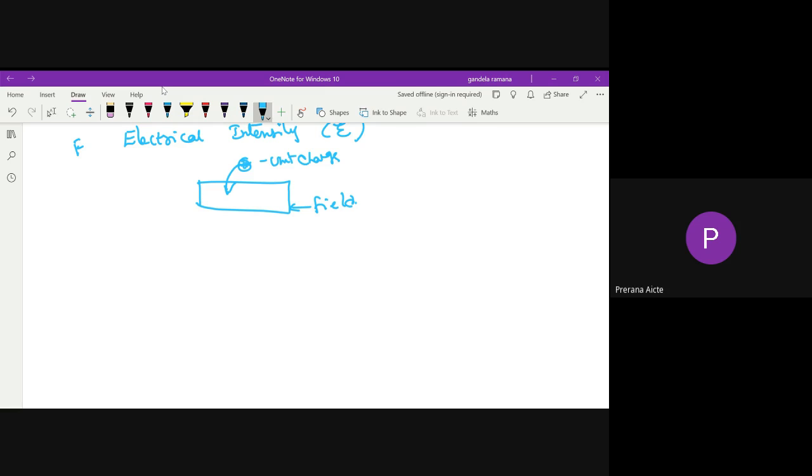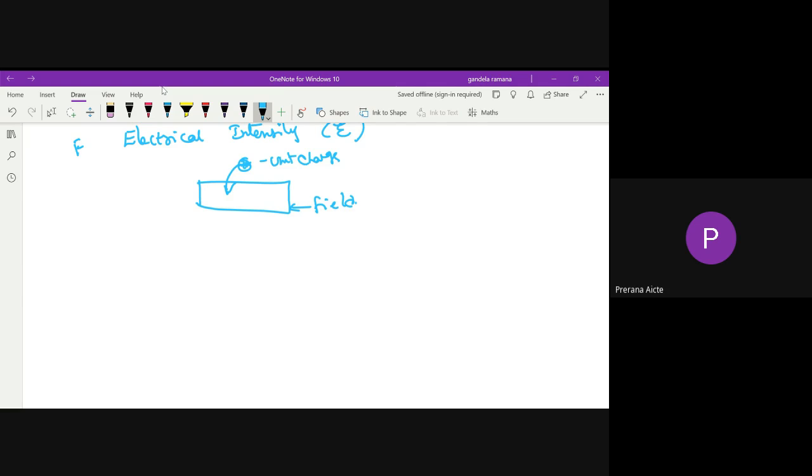The force required to bring this unit charge is called electrical intensity.